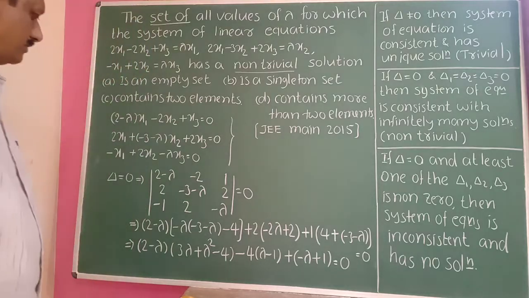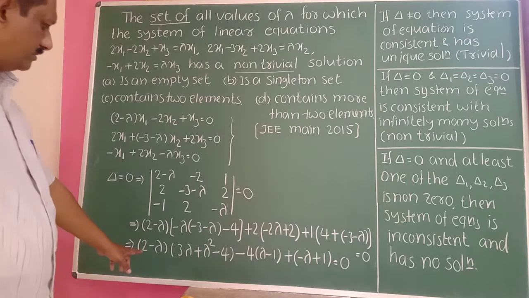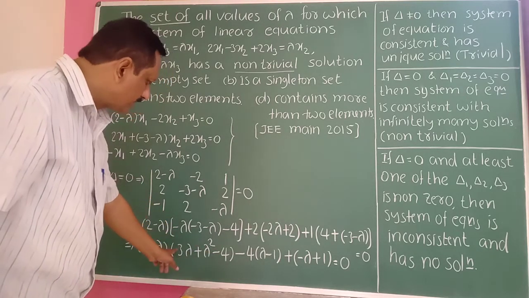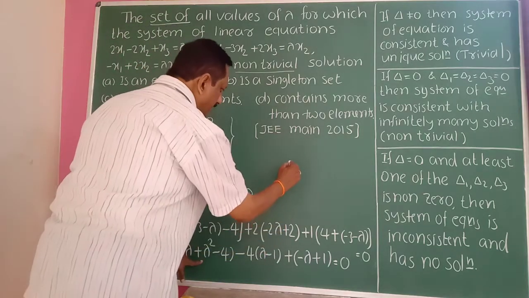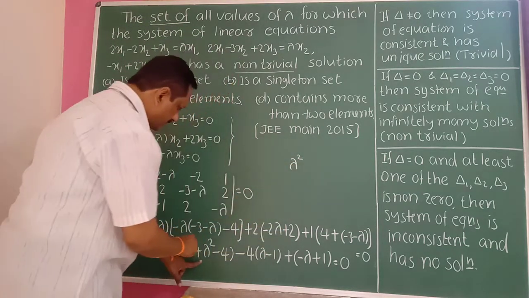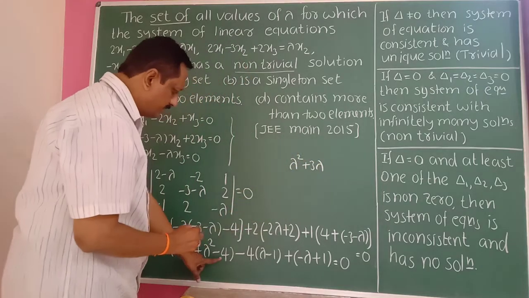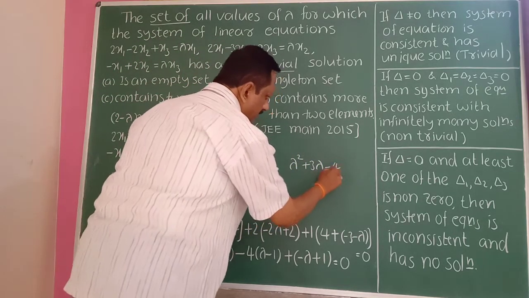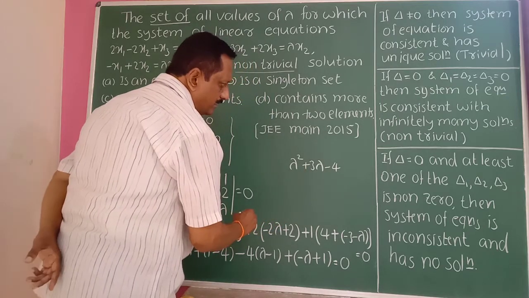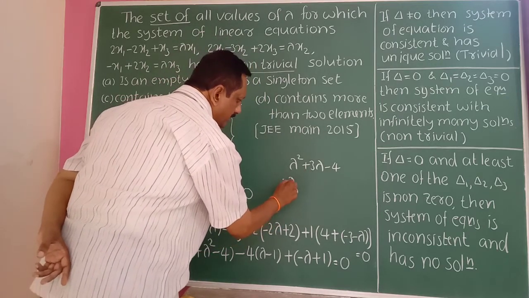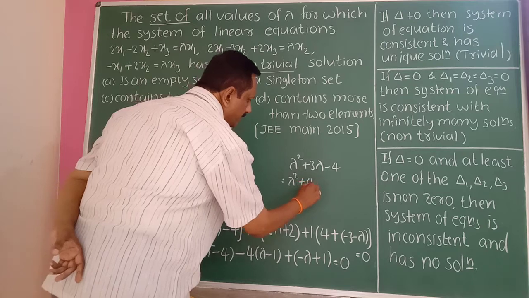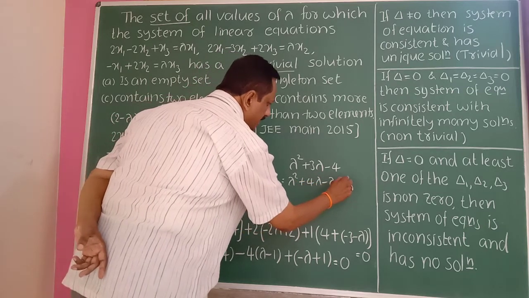Okay, so now simplify. This is a quadratic equation, you know that lambda square plus 3 lambda minus 4. Two numbers are 4 and 1, so lambda square plus 4 lambda minus lambda minus 4.